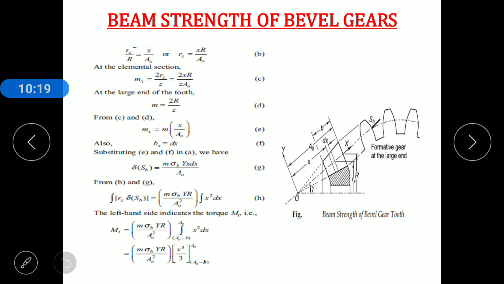Minus 3AO b square divided by 3AO square: 3 gets cancelled, AO and AO square get cancelled, the remaining term is b square divided by AO, sorry, b square divided by AO square minus b cube divided by 3AO square.